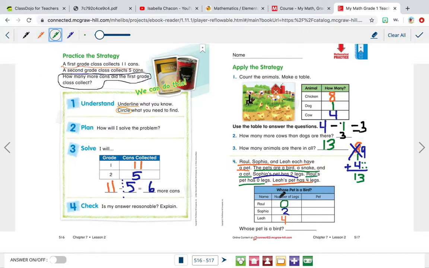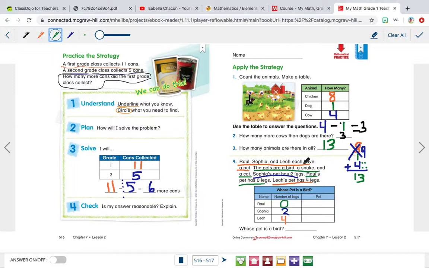Let's look at Raul's first. Raul's pet has 0 legs. Is Raul's pet a bird, a snake, or a cat? Now, a bird has 2 little legs, a bird has 2 legs. Raul's pet has 0 legs, so I don't think Raul has a bird. What about a snake?